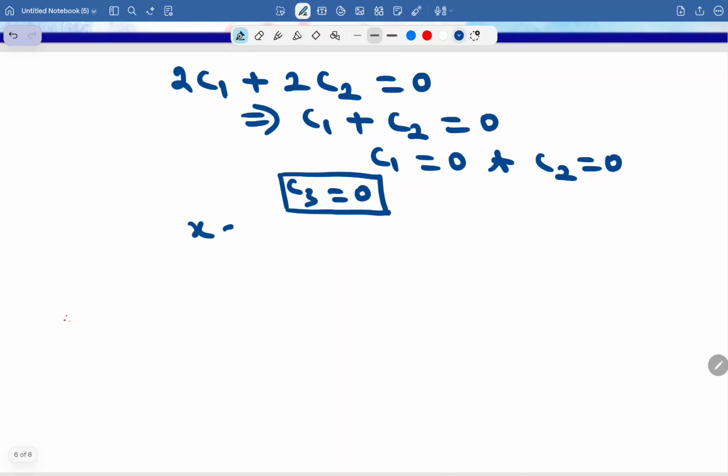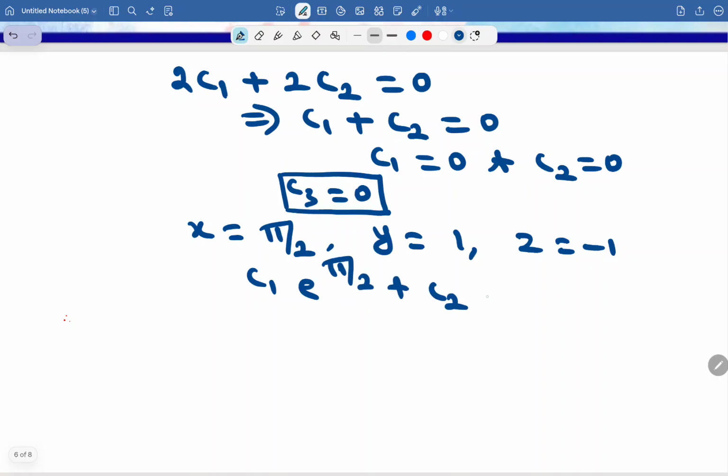Now the second condition, x equal to pi by 2, y equal to 1, z equal to minus 1. From 1 and 2 we get C1 e power pi by 2 plus C2 e power minus pi by 2 plus C4 equal to 1.